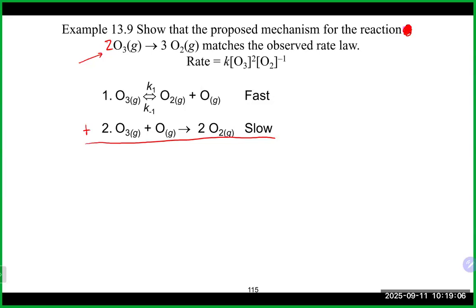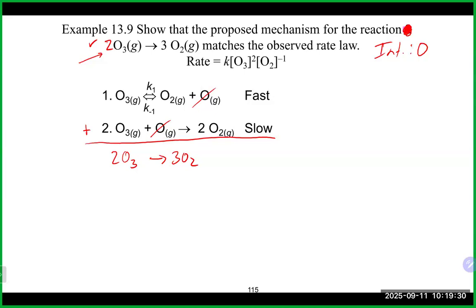And it looks like in this case, the O there gets canceled out. And I think that is it. So that will leave us 2O3 on the left, and on the right-hand side, everything stays, so we'll have 3O2. So that part of it checks out. In this particular case, our intermediate is going to be our O.